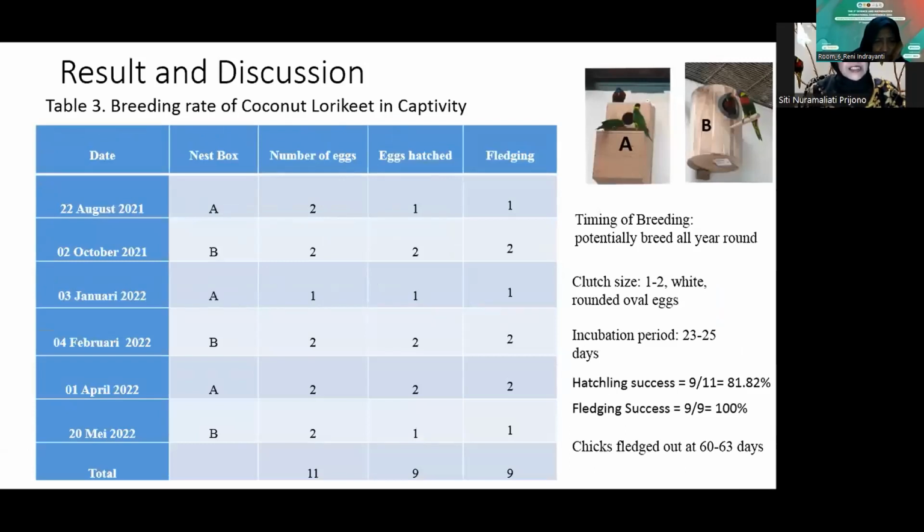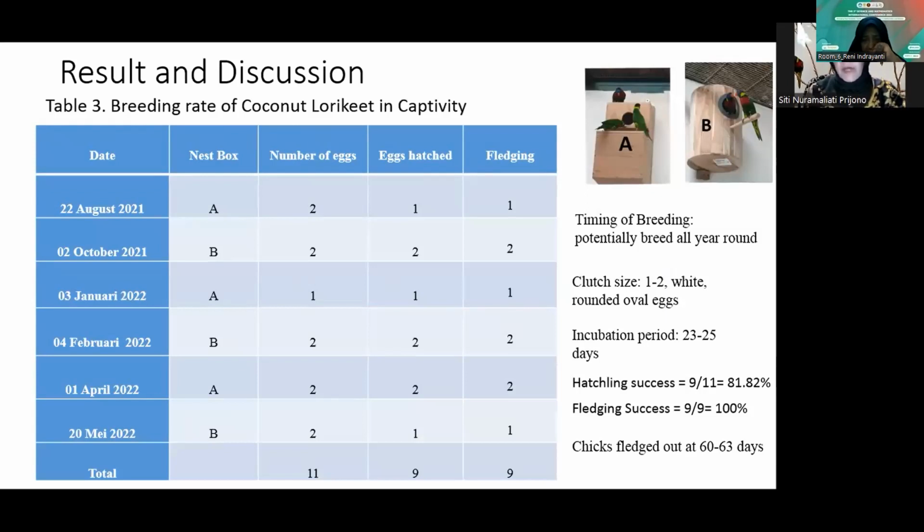Result and discussion. Breeding rate of coconut lorikeet in captivity. We got 11 eggs from August until May 2022 from 2 pair bonds and from 2 nest boxes, A and B. Time of breeding: potentially breed all year round.